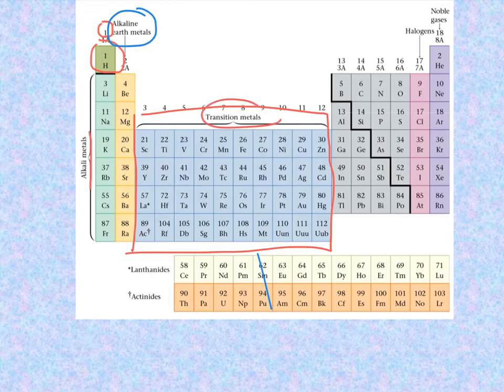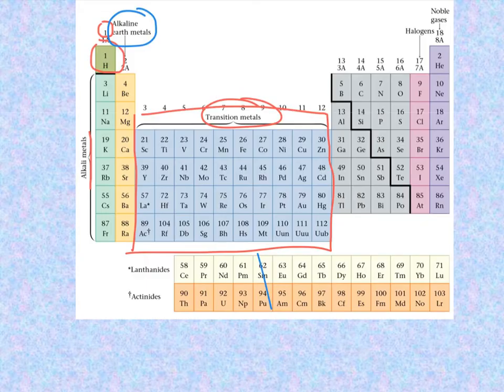Okay, those are the transition metals. Transition metals. And then the group here that's in gray, these don't have special names, okay? Some of the groups do not have a special name. If they don't have a special name, we just refer to them by their number, like group 4 or group 5 or group 6, okay?